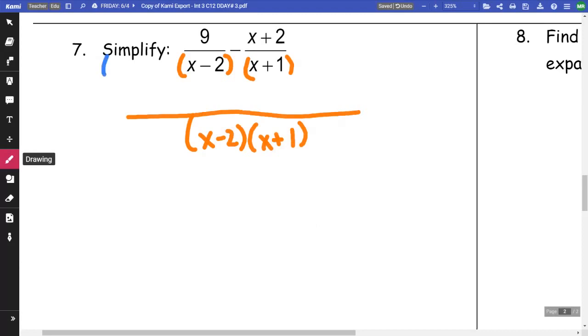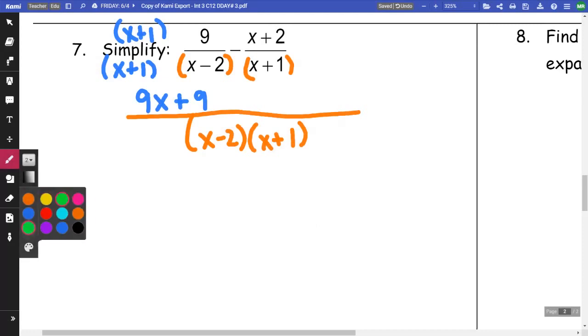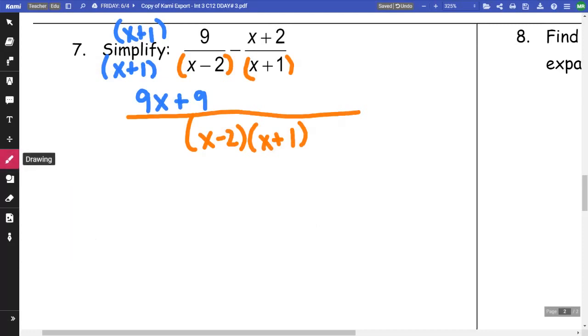So over here on this side, I need to multiply top and bottom by an x plus 1. So that would give me a 9x plus 9 over x minus 2 times x plus 1. And on the other side, I do have a minus, so I want to make sure I have my negative. And I'm going to multiply top and bottom by x minus 2.